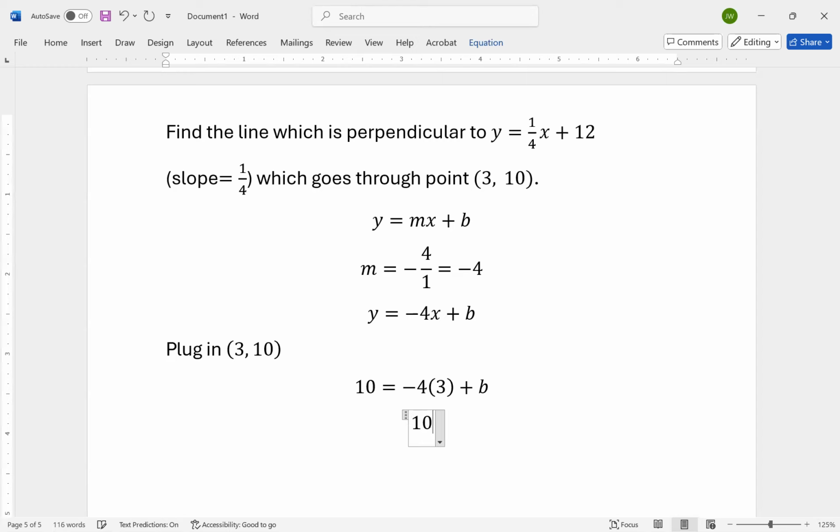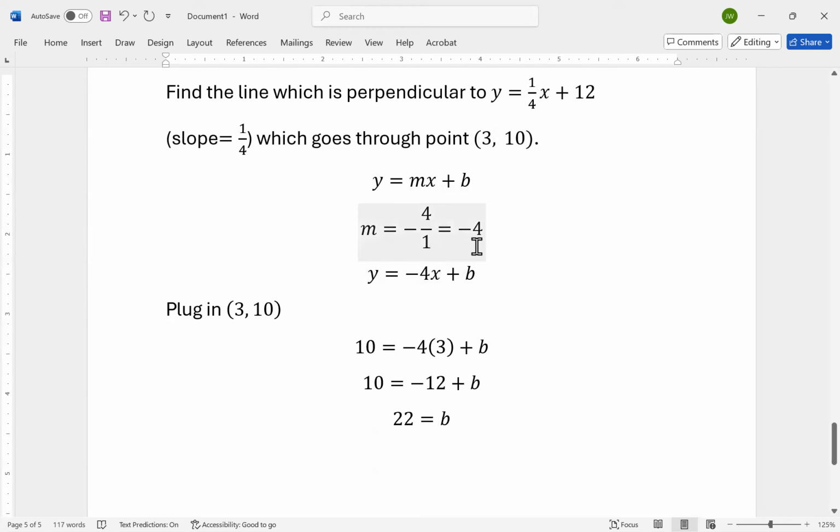That leads me to seeing that 10 is equal to -12 plus b. Adding 12 to both sides gives me 22 as the value of b.